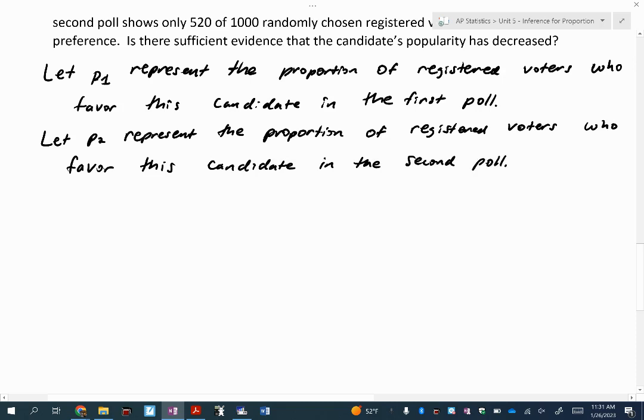Or early poll, later poll, whatever you want. I'm not worried about those words, as long as you know there's a difference in these polls.